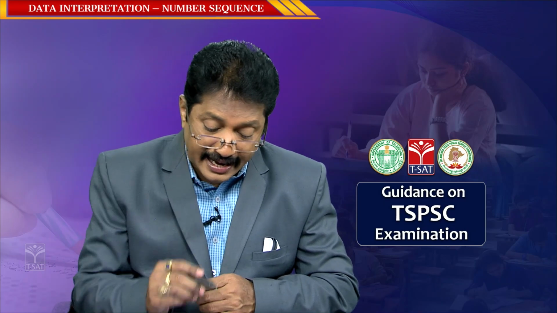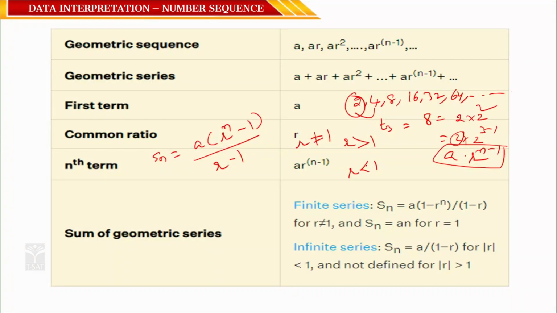So, r less than 1 means infinite terms. So, simply we can write Sn is equal to a times 1 minus r to the power of n by 1 minus r.